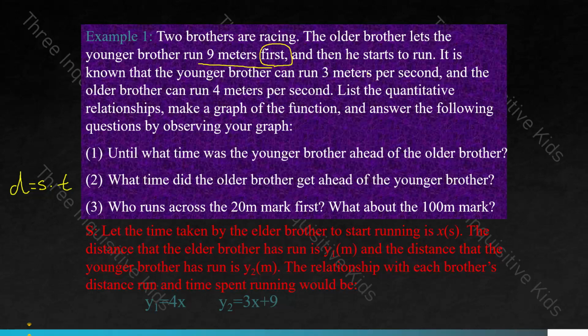But the x value only represents the time when both brothers are running together. Okay? And here, 3 and 4 are their speeds. And for y2, that is the distance run by the younger brother. So he would be y2 is equal to 3x plus the 9-meter head start he was given first.